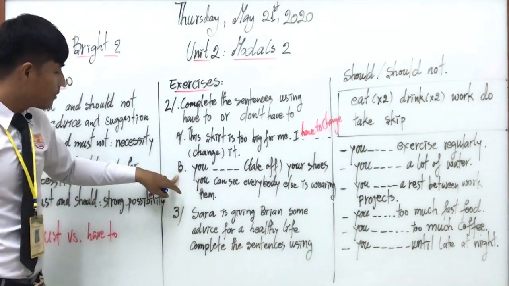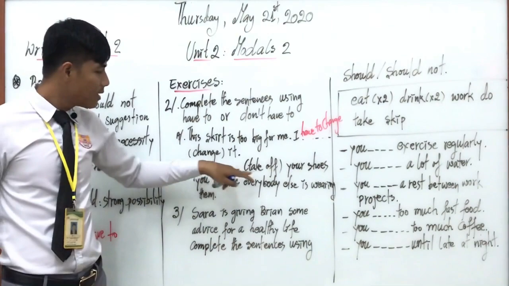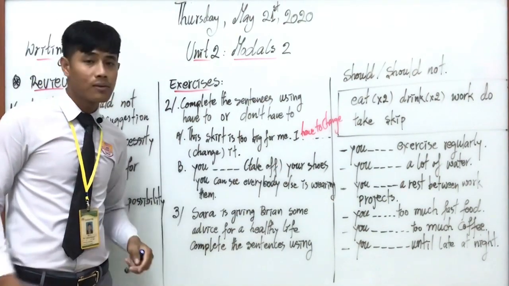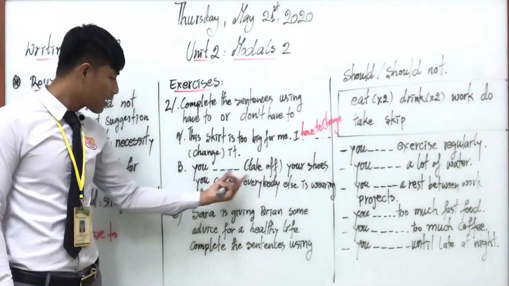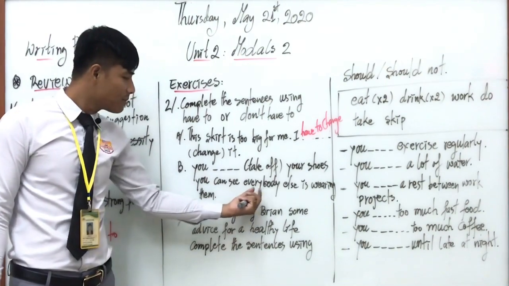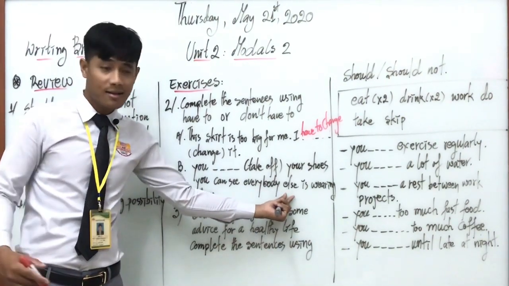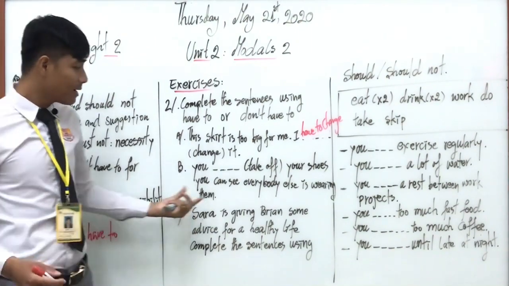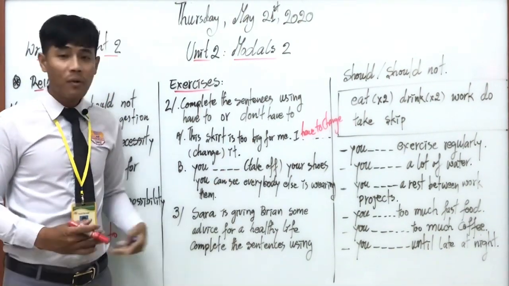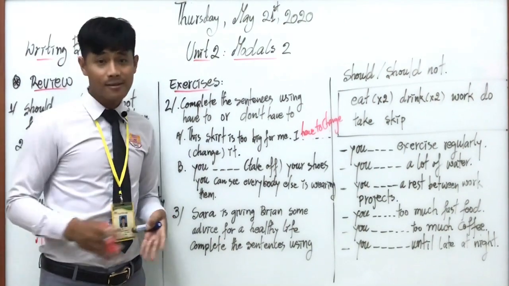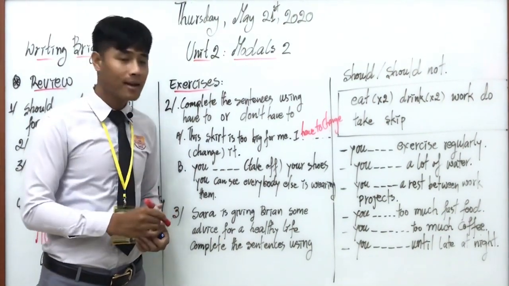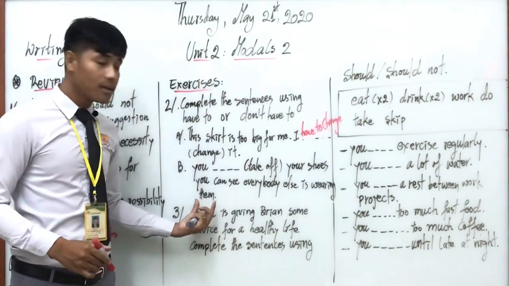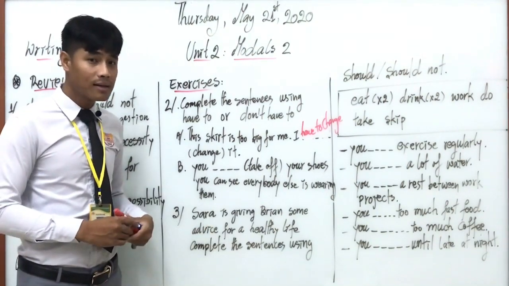Have to change it. B, you blah blah blah take off your shoes. You can see everybody else is wearing them. So everybody is wearing them, right? For example, in the classroom, every student is wearing shoes.